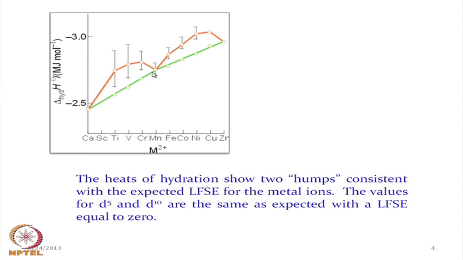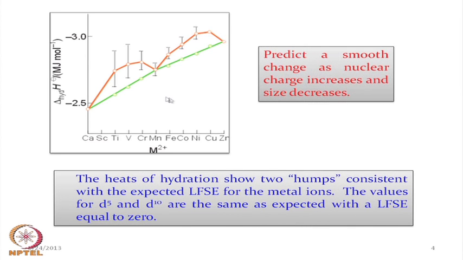But there is a monotonic increase of these values along the green line, going from d0 to d5 to d10. If we include the contributions of the CFSE, we get these orange lines for the double-hump curve. But if we do not have the CFSE contribution, all these values will fall on the green line, where we do not have any CFSE contribution for hydration.